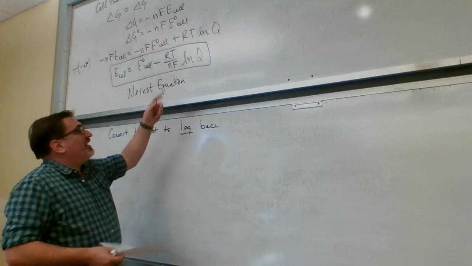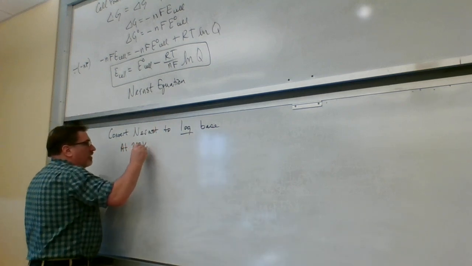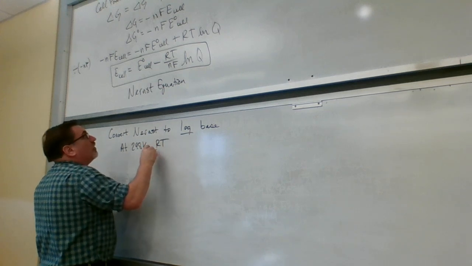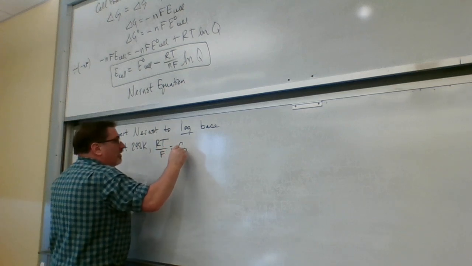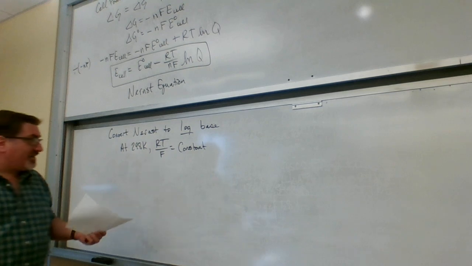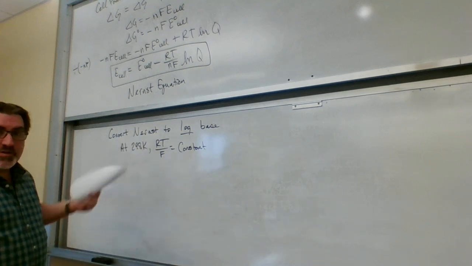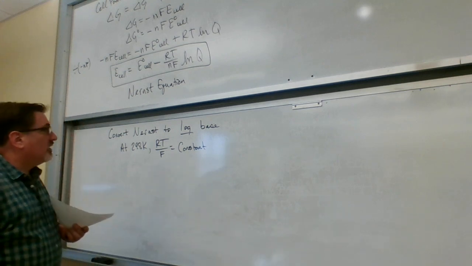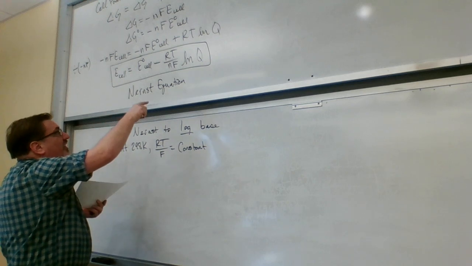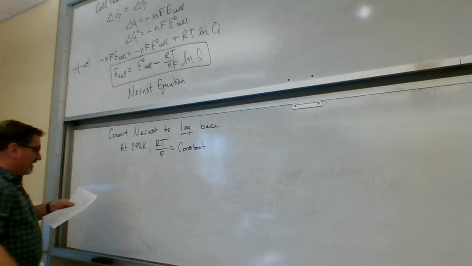So at 298 K, RT over F is a constant for all electrochemical processes, because R and F are constants anyway. T is a constant as long as we don't change from 298. So we're doing a couple things here. We're combining RT and F together, and we're converting to a base 10 log instead of a natural log.